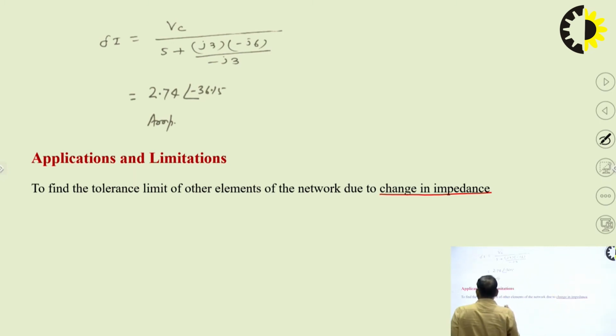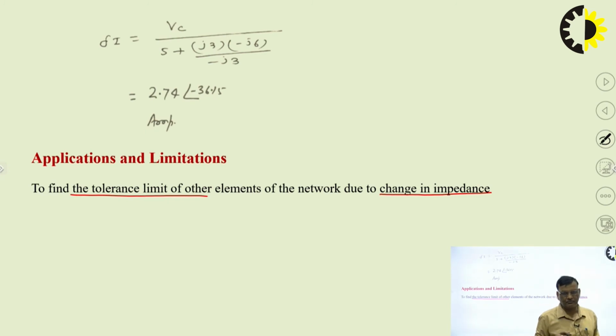How much change can we tolerate? How much temperature can a particular network or circuit tolerate? That can be checked. If this much variation has taken place, how much variation is there in current in other branches? Because in the network we have some sensitive elements, you have to take care of those sensitive elements.